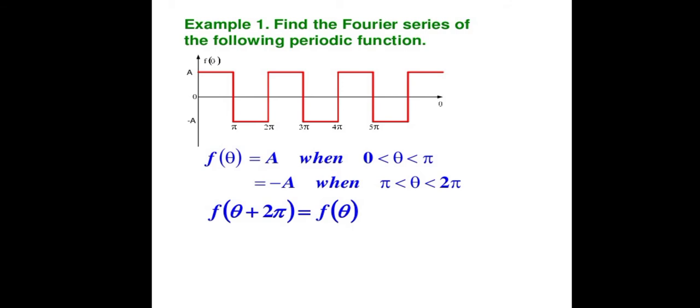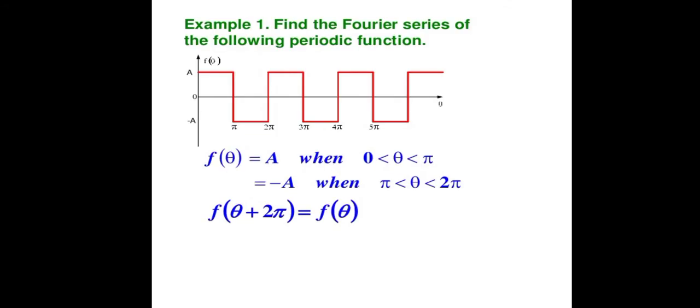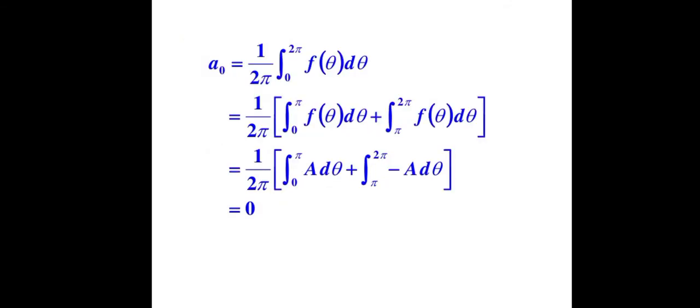Then f of theta plus 2 pi is equal to f of theta. Solve these equations. a0 is equal to 1 upon 2 pi times the integration from 0 to 2 pi of f of theta d theta.